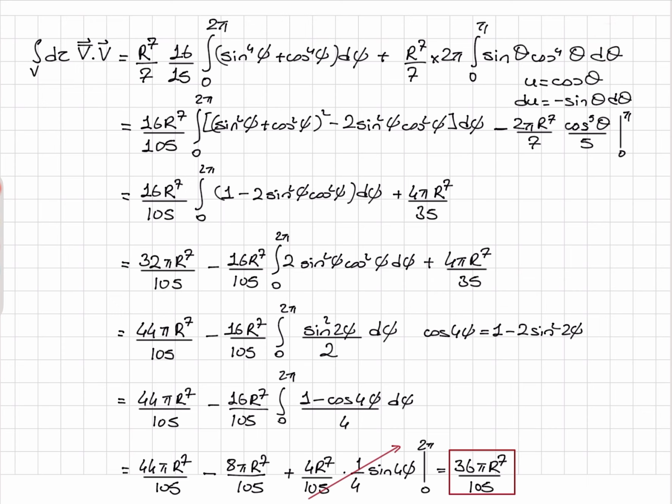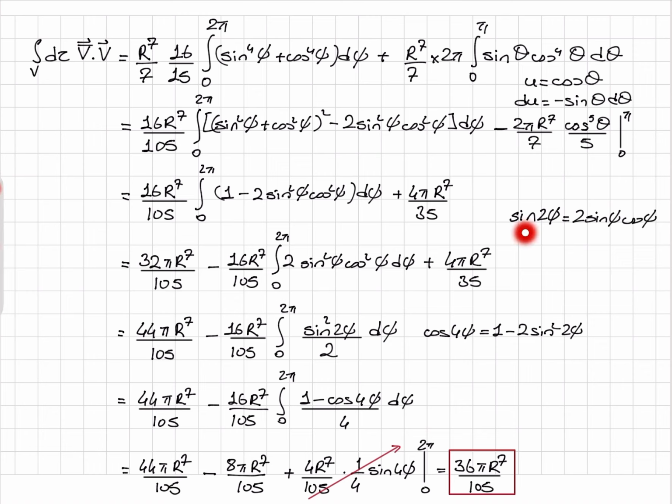And for this one, I use sine square phi plus cosine square phi parenthesis square minus 2 sine square phi cosine square phi to write this and perform the integral. And here I have used for 2 sine square phi cosine square phi, sine 2 phi is equal to 2 sine phi cosine phi transformation.